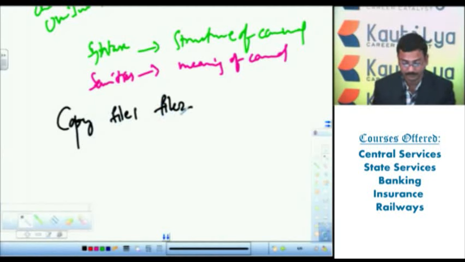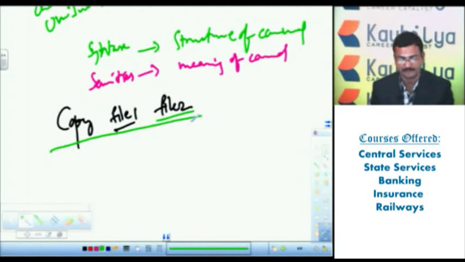So the contents of file 1 are copied and file 2 is created. I must remember this entire syntax. So copy is the command name, followed by which file you want to copy and to which file you want to copy it. This is called the structure.